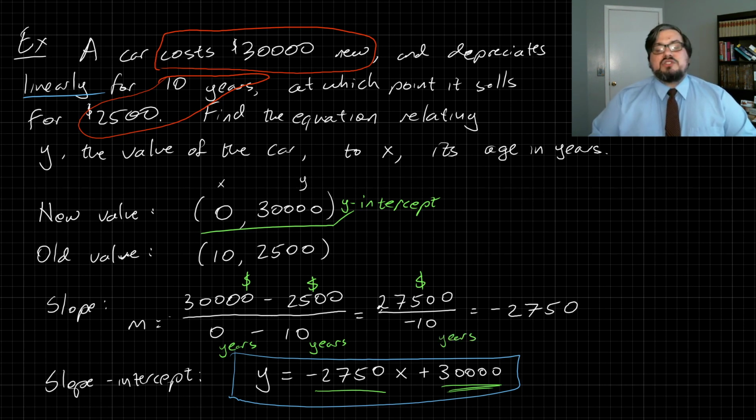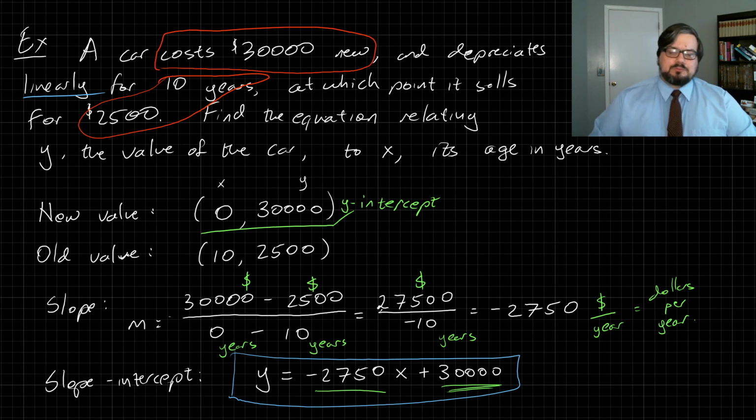So our slope has a unit of dollars on top and years on the bottom that corresponds to a unit of dollars per year. Now, once we write that down, then interpreting this negative 2750 becomes easier.